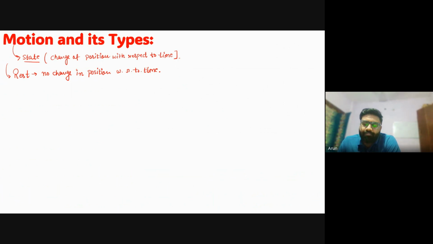Tell me, it's a very simple one. I'll expect an answer from each and everyone. If a car is moving on a road and you are looking at that car while standing on the ground, is it in rest or in motion?